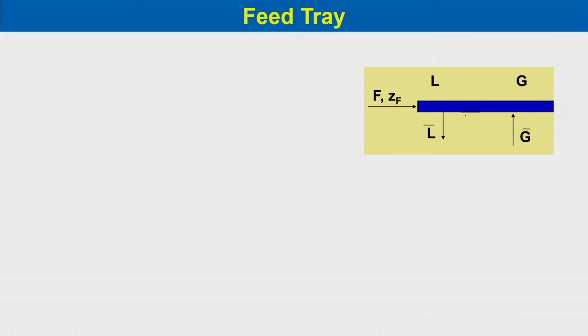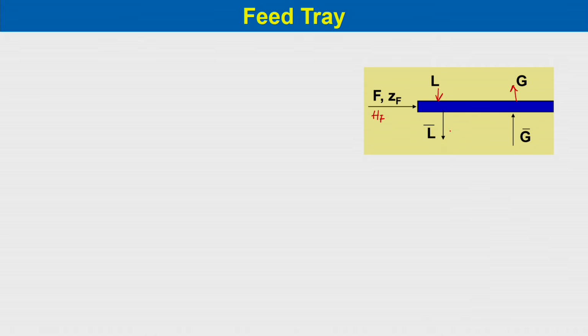The liquid which enters this tray is L, and the gas which enters this tray is G bar. The liquid which comes out from the tray is L bar, and the gas which goes out from the tray is G.